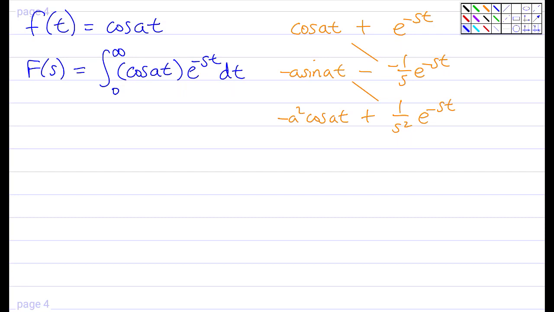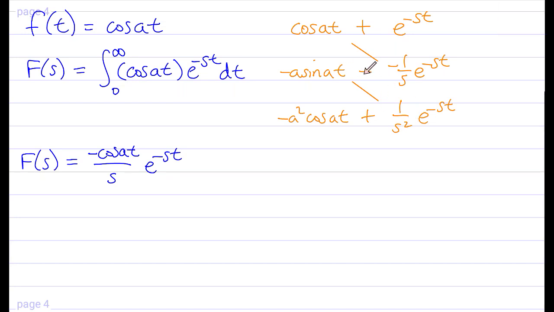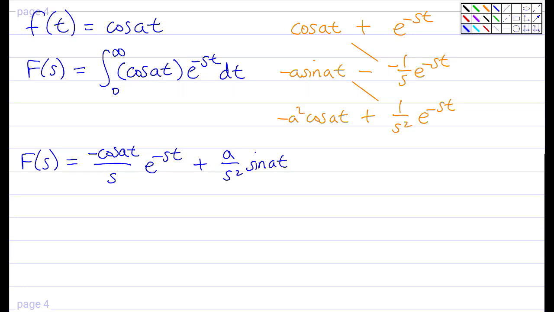F of s equals, okay, multiply these functions with a plus sign. So that's minus cosine at over s e to the minus st. Multiply these functions. I got two minus signs, so those are going to cancel and give me a over s squared sine at e to the minus st. Now here's a really great thing with tabular integration.